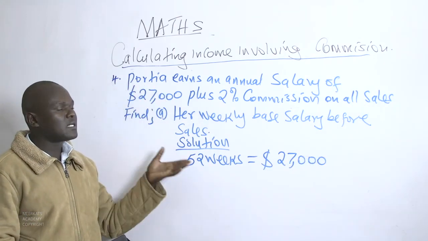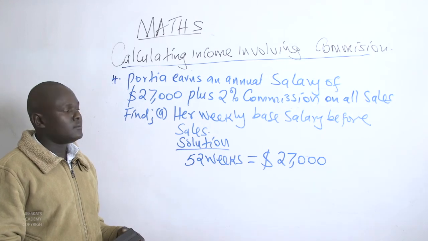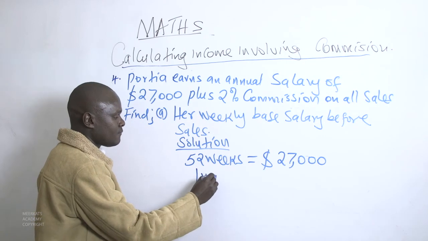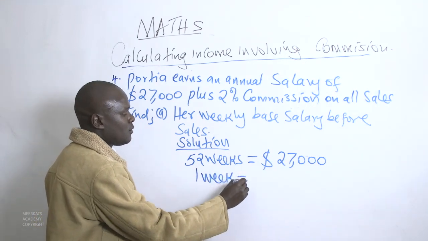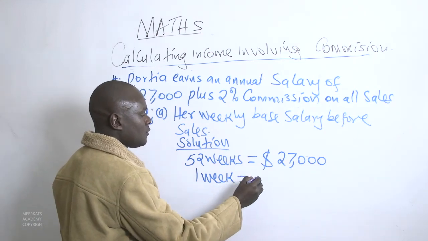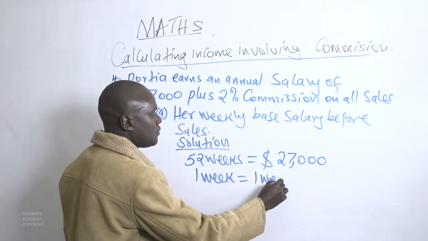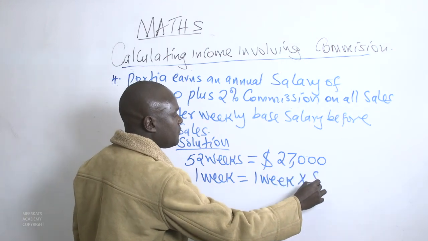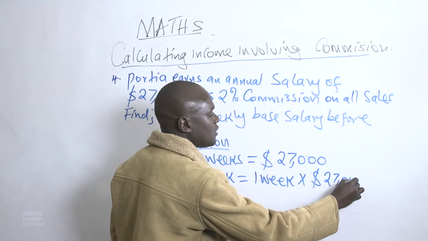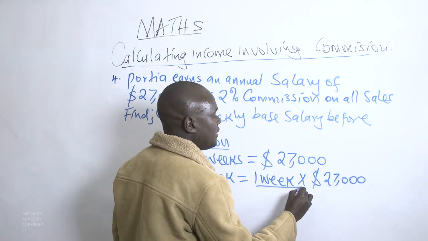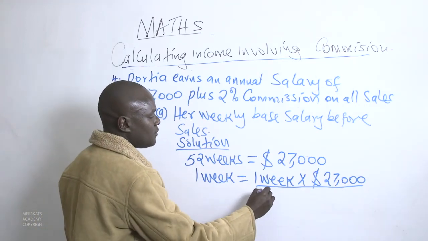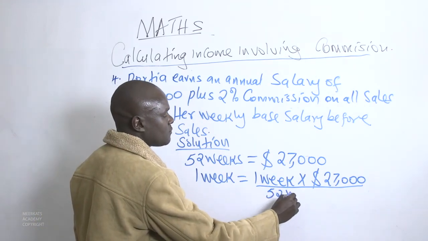How much will this lady earn as the base salary in a week? 1 week will be equal to one week multiplied by the annual base salary, which is $27,000, divided by the number of weeks in a year, which is 52 weeks.